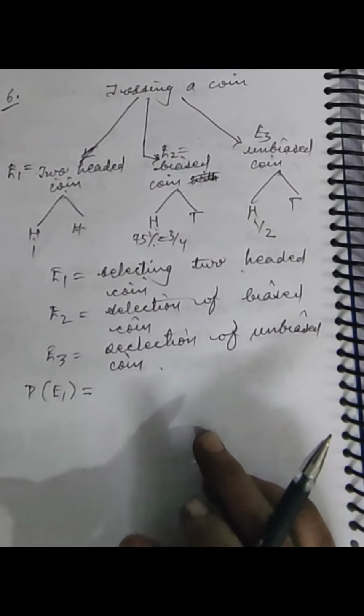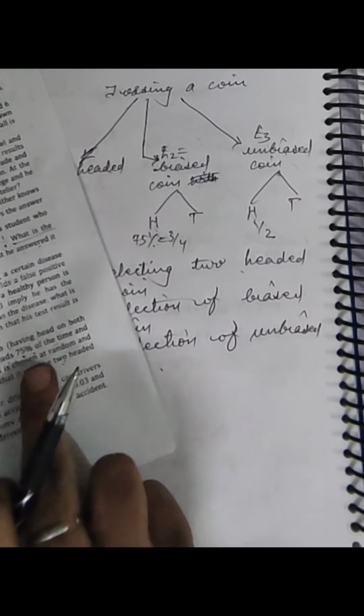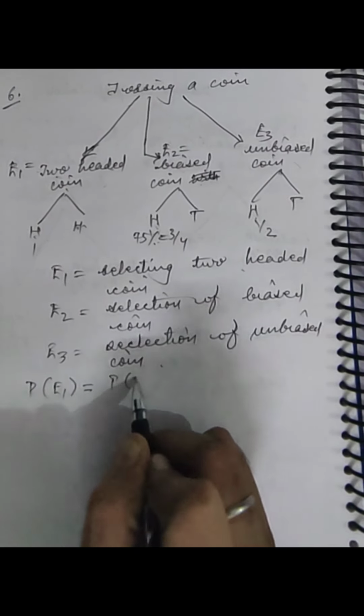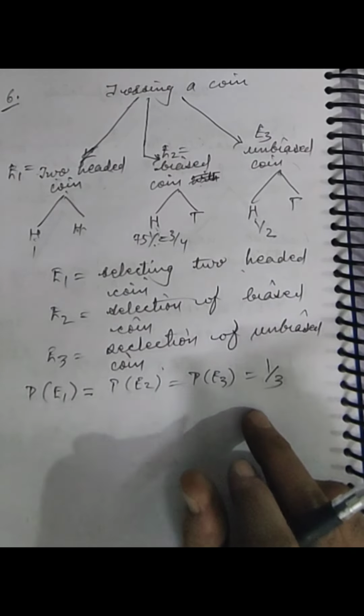Keep in mind, whenever we don't have any probability given for the events, they are equally likely. It's given random. One coin is chosen at random, means they are equally likely. So P of E1, probability of E2, probability of E3, each will be 1/3.